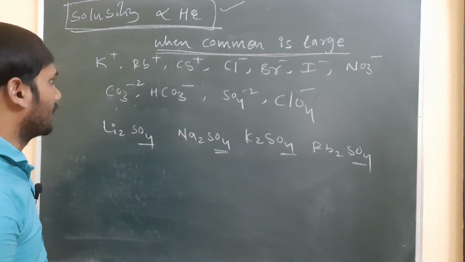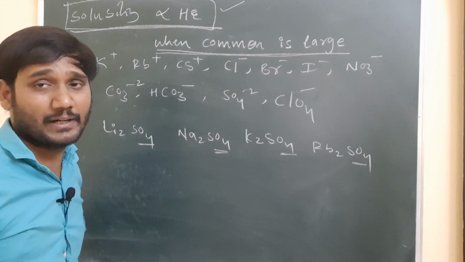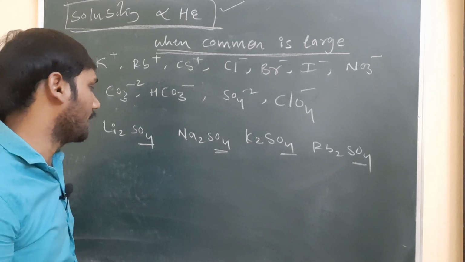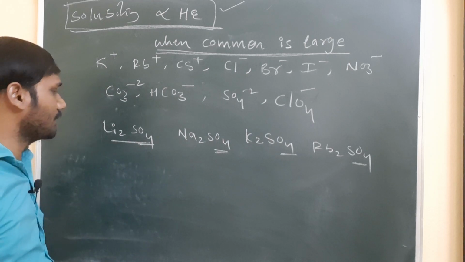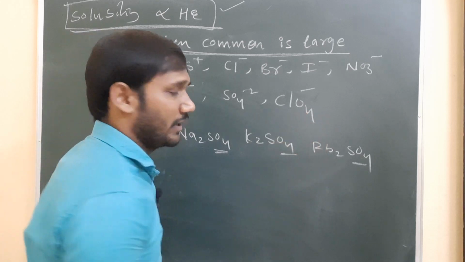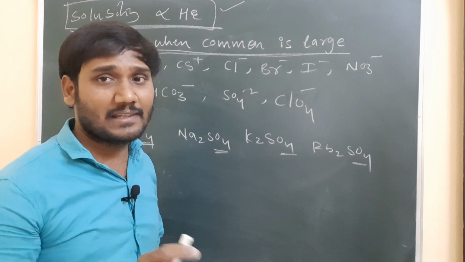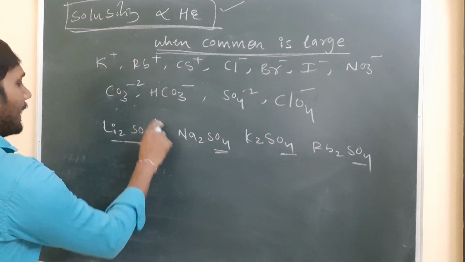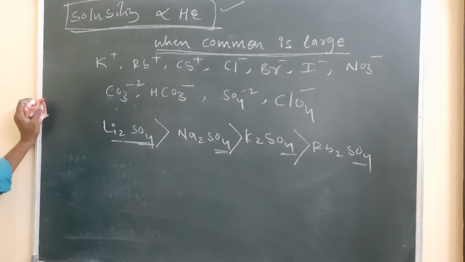So here solubility is directly proportional to hydration energy, but we know hydration energy is inversely proportional to lattice energy. Clear? Lithium is a small size, sodium, potassium and rubidium are large. Lattice energy is inversely proportional to size; size less means lattice energy more. So lattice energy is more for lithium sulfate, then sodium sulfate, potassium sulfate and rubidium sulfate.